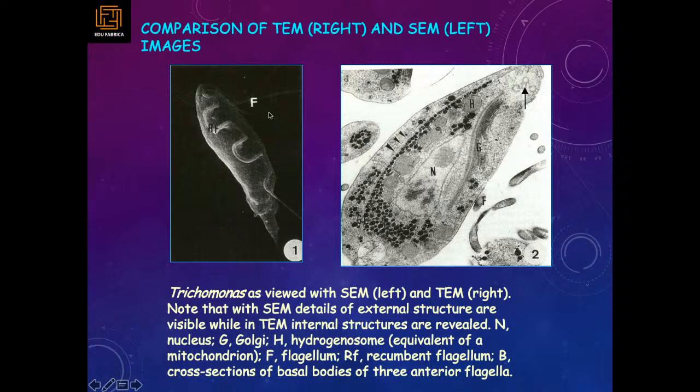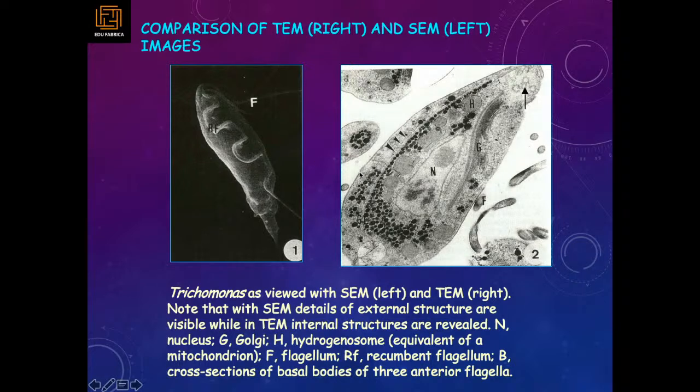Here we can see Trichomonas, SEM on the left and TEM of the same on the right. SEM shows the external structure, whereas in the TEM we can see all the internal structures. N is for the nucleus, G for the Golgi, then the hydrogenosomes, this one, and F for the flagellum, this one, and so on.